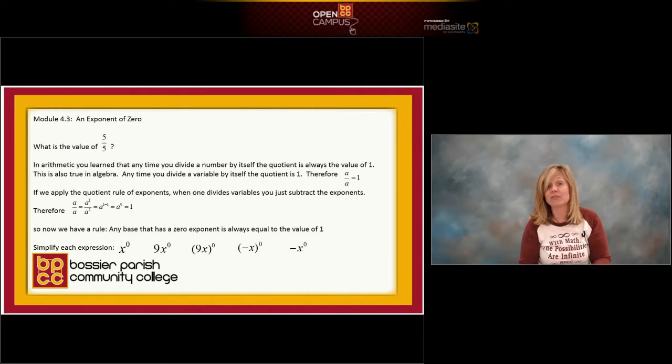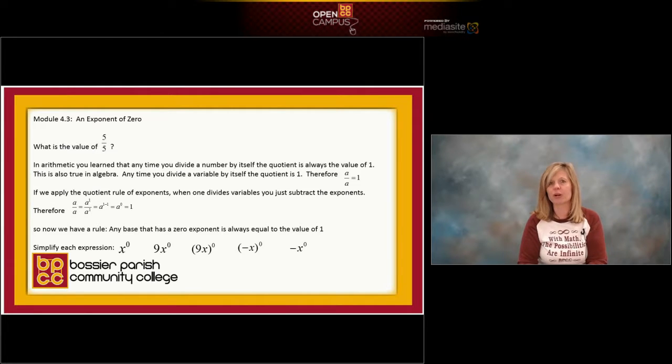So now, guys and gals, what we have done is we've come up with a rule. Remember, we've been dealing with exponents now for many, many videos. We've dealt with exponents that are 1s and 2s and 3s and 4s and 5s. We have yet to see an exponent of 0 because an exponent of 0 technically doesn't make sense. Remember, what does 3 cubed mean? 3 cubed means 3 times 3 times 3. 3 squared means 3 times 3.